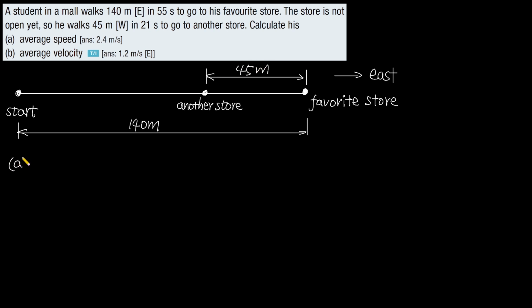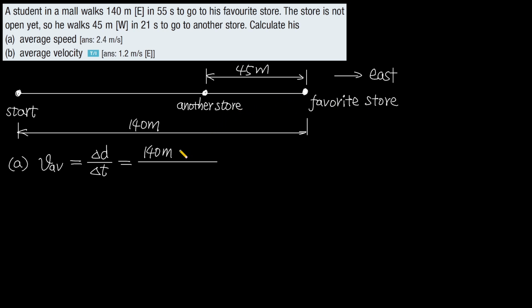Question A. So use the formula average speed equals the total distance delta d divided by the time interval delta t, and this equals. So he walks from the start point to the favorite store. It's 140 meters. And then he walks from his favorite store to another store.